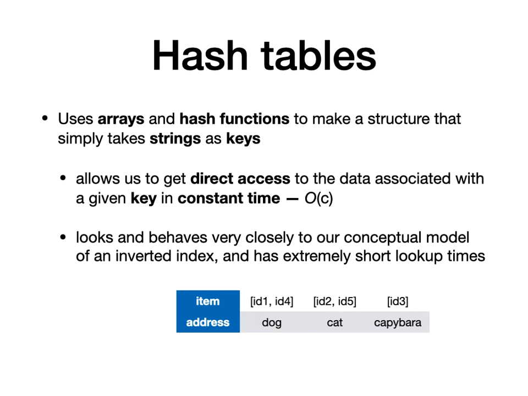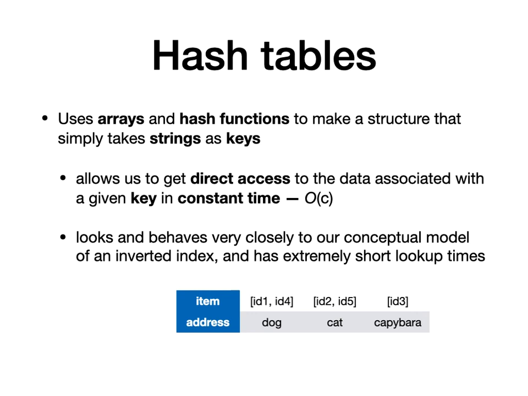So using arrays and hash functions, instead of indexing into a specific position of an array, we can create a list of keys, which are strings. So we can get direct access to the data, in this case, our postings. As long as I give it the same key, it'll go find it, and it will do it in constant time. Mostly constant time.